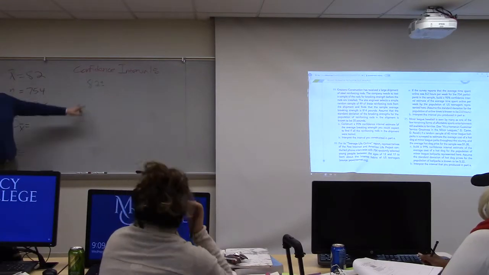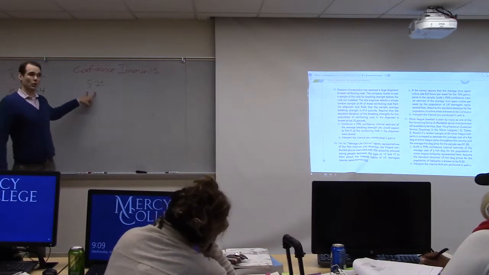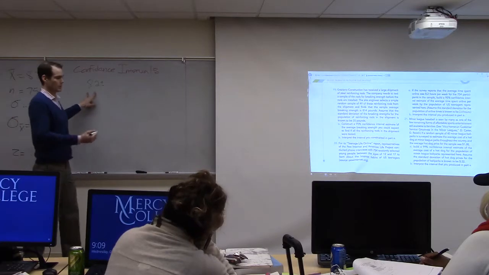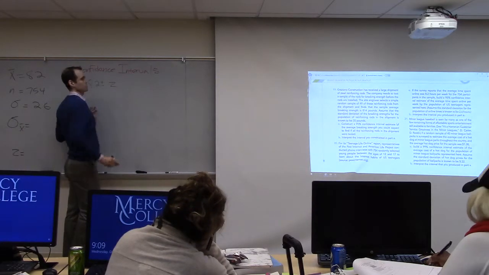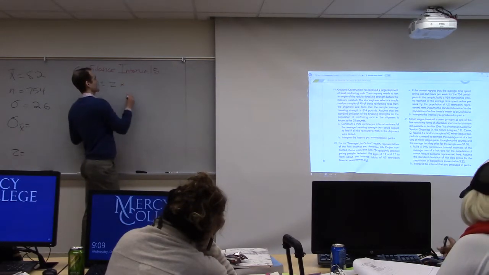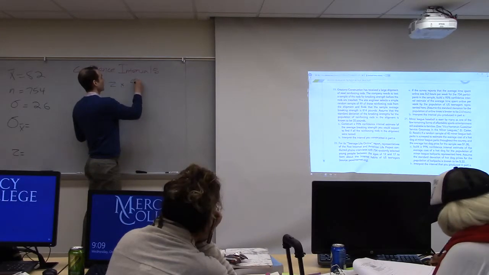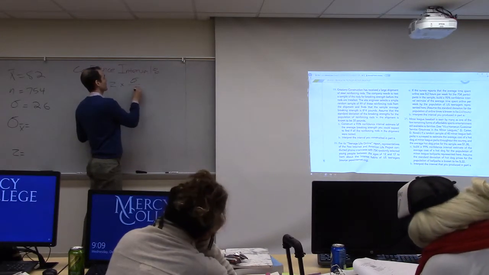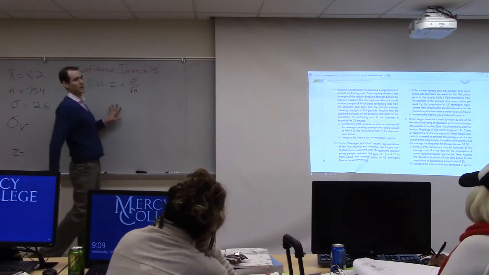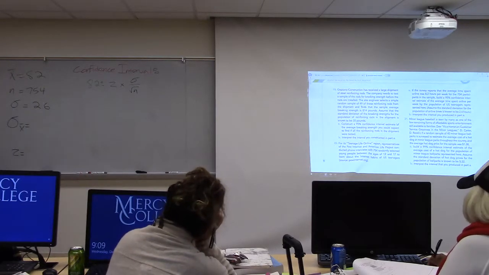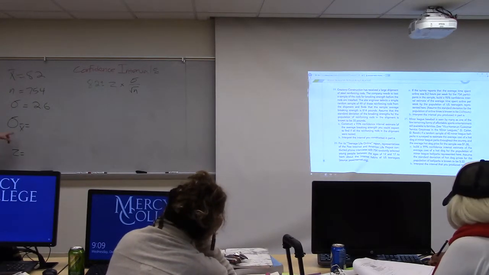We need the point estimate of 8.2 plus or minus, remember, some z value times the standard error, which we know the formula is the population standard deviation divided by the square root of the sample size. So let's find that standard error.